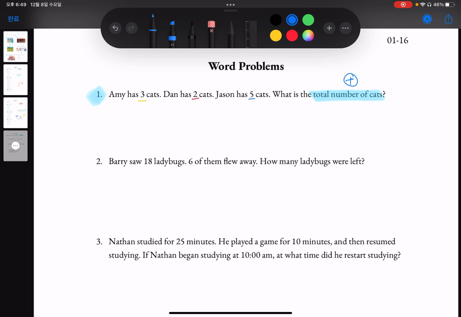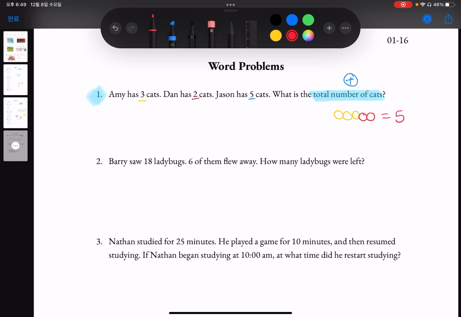So let's start off with 3 plus 2. 3 plus 2, so let's use circles. 1, 2, 3, and then you add 2 more. That equals 1, 2, 3, 4, 5.